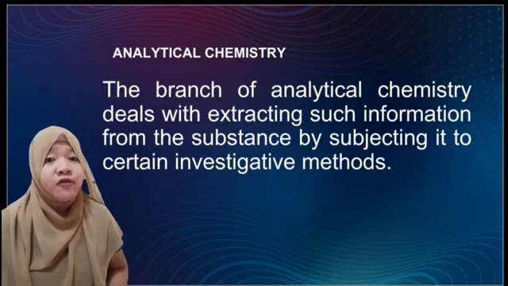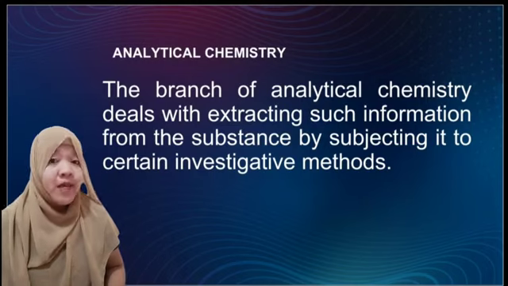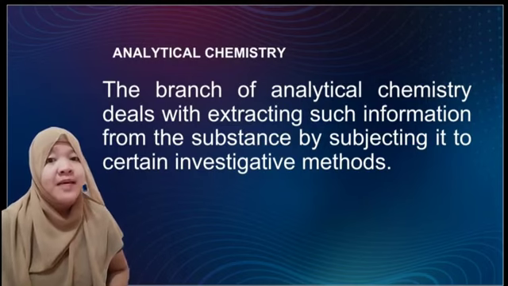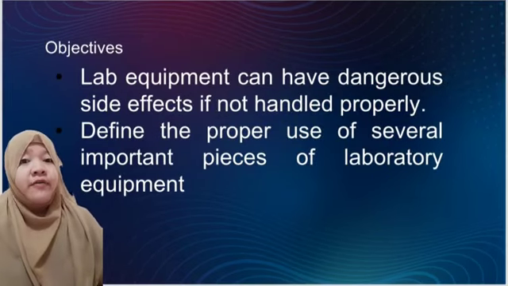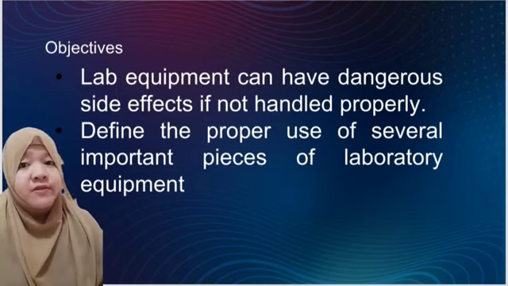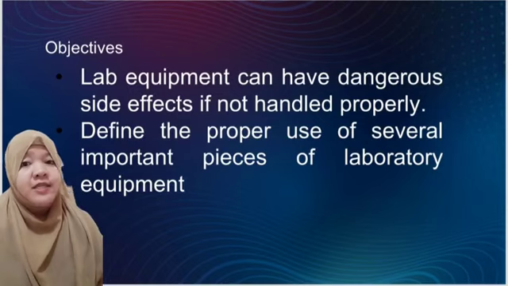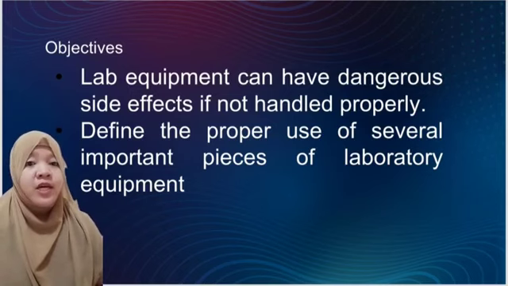The branch of analytical chemistry deals with extracting information from a substance by subjecting it to certain investigative methods. For the objective of this activity: lab equipment can have dangerous side effects if not handled properly, and through this activity, we'll define the proper use of several important pieces of laboratory equipment.